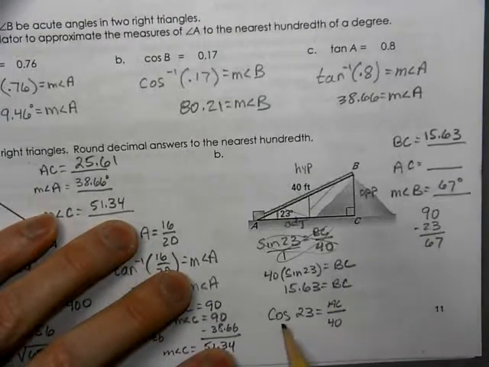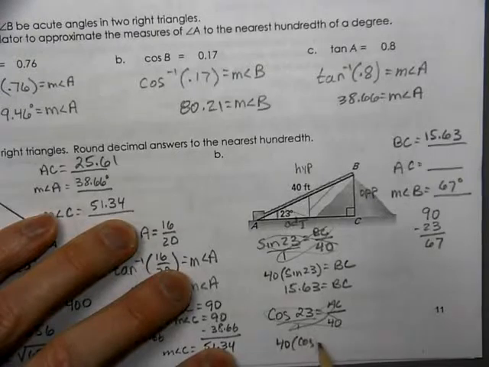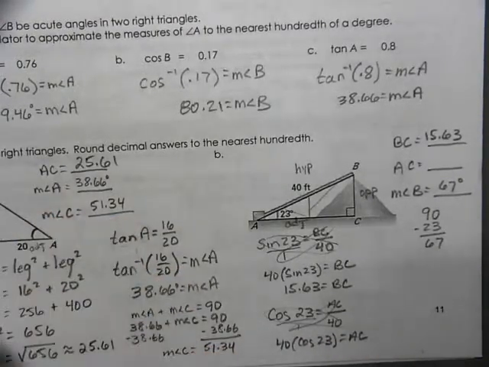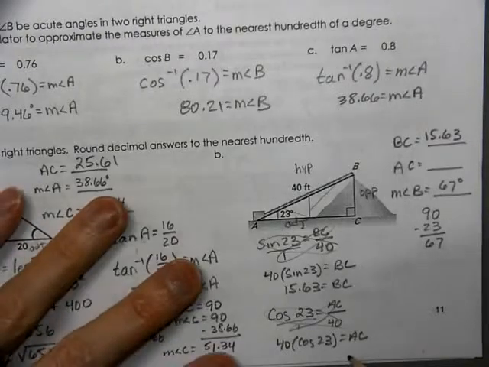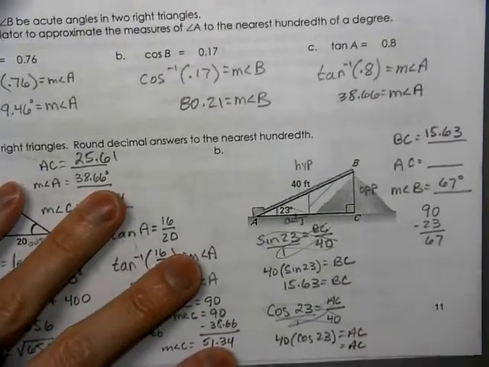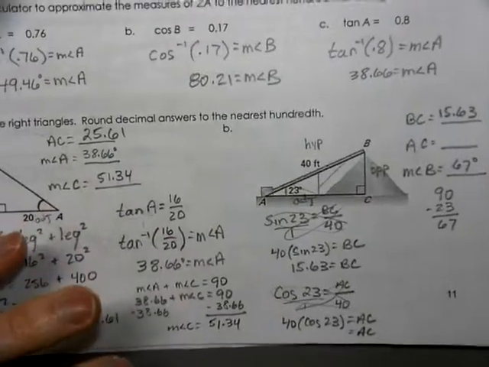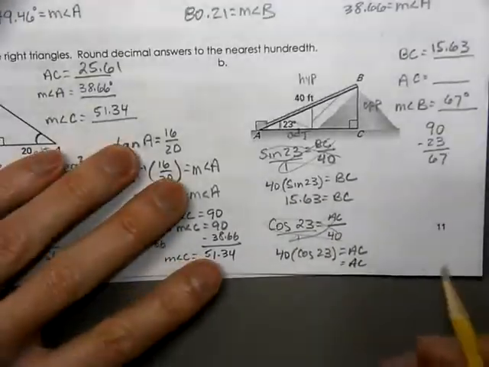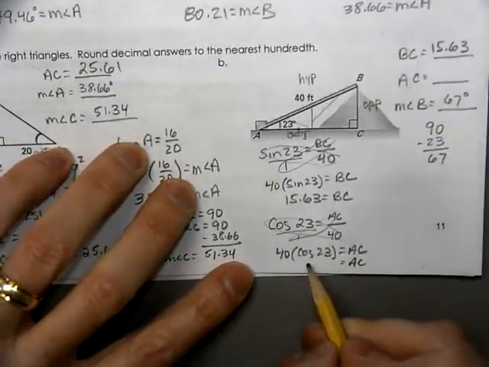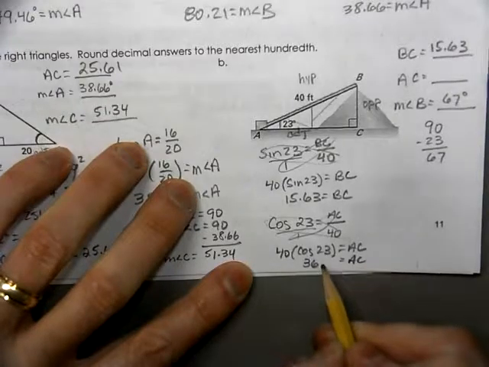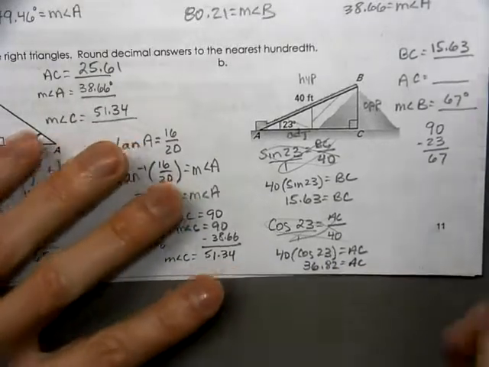We put the cosine of 23 over 1 so we can cross multiply. That gives us 40 times the cosine of 23, which equals AC. So now I know that AC is going to equal 36.82.